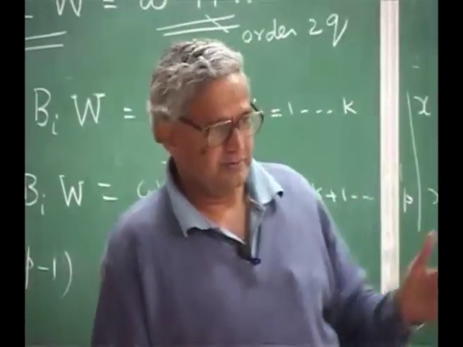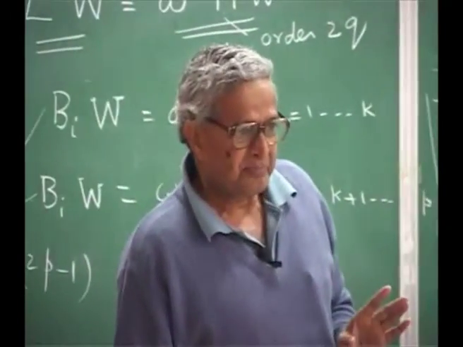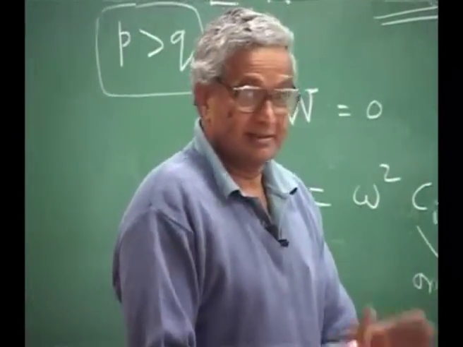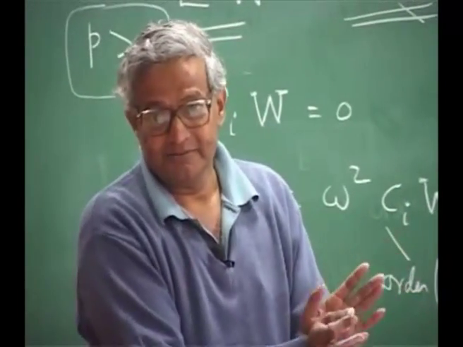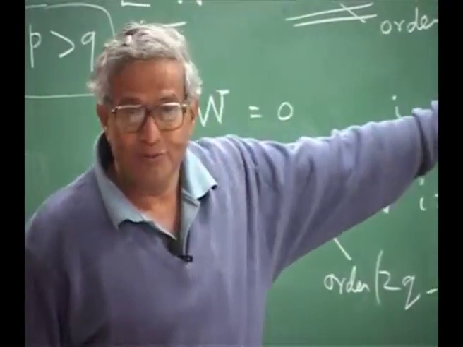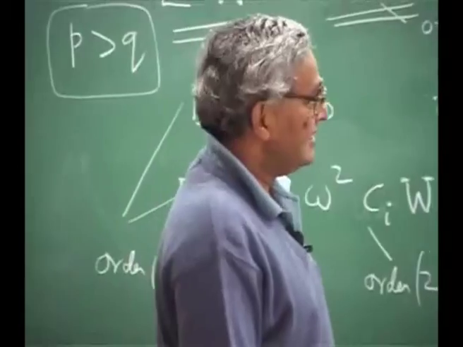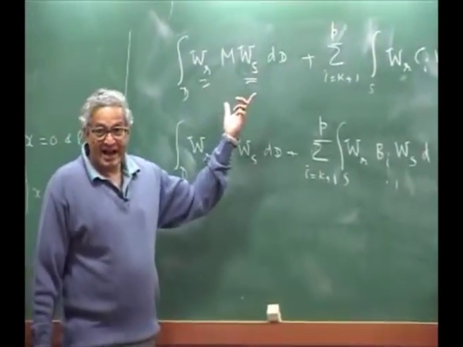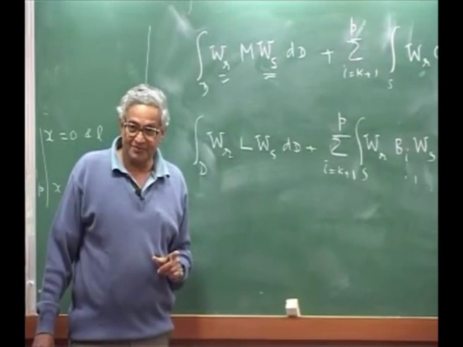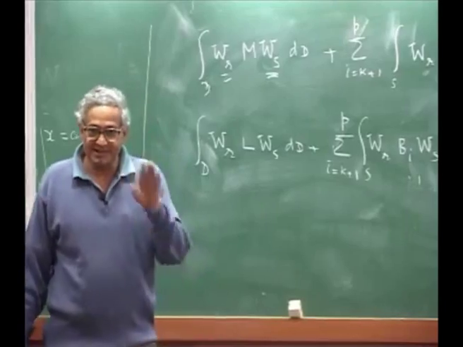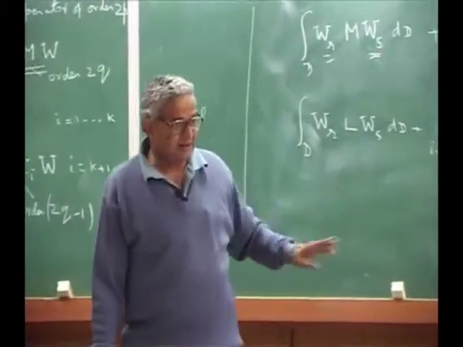You can give the proof for a self-adjoint positive definite system, and you can show that they will have orthogonal eigenvectors. But please understand, these are only for eigenfunctions, not for comparison functions. Only eigenfunctions are orthogonal, not comparison functions.